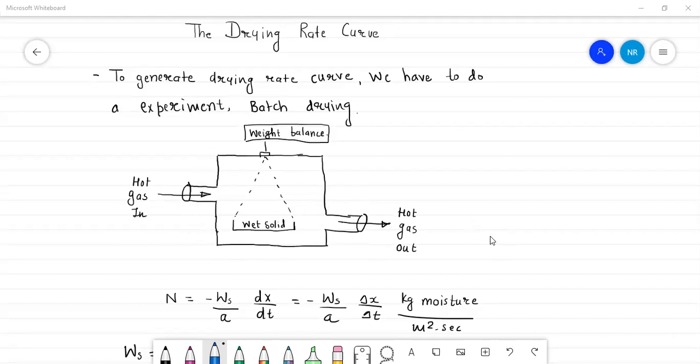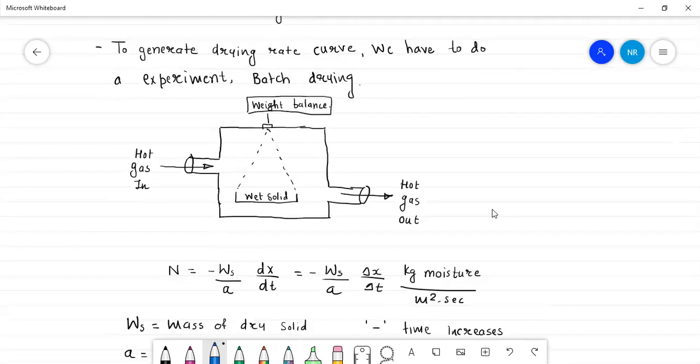Now what will happen is the drying will take place. Moisture will be transferred from the solid toward the hot air, hot gas, until equilibrium is achieved. The mass transfer will occur, and how will we know whether the mass transfer is occurring or not? At that time the weight balance is decreasing the weight of the solid.